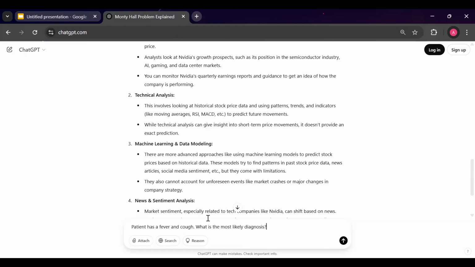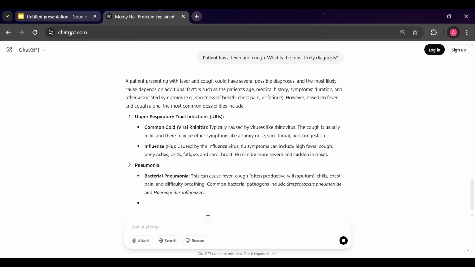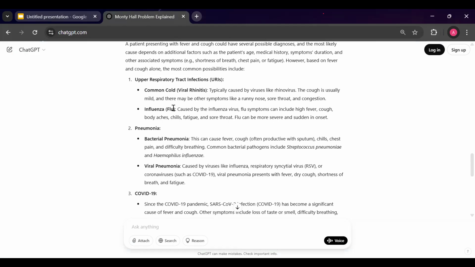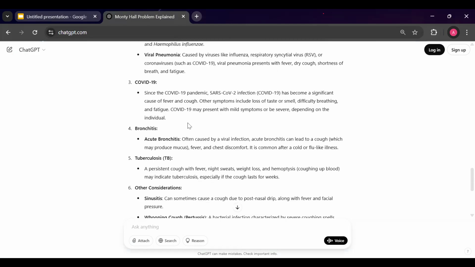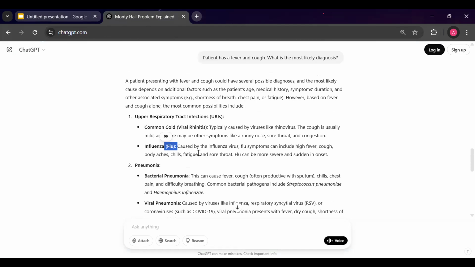Let's see. But as you can see, oh, well, it says right here, flu. It does have a flu, COVID-19. Well, it actually gives a lot of possibilities.